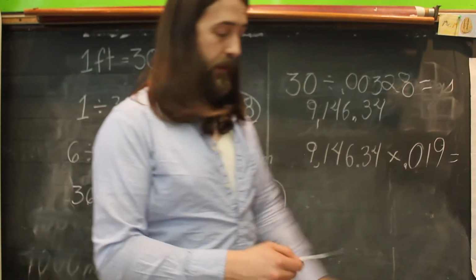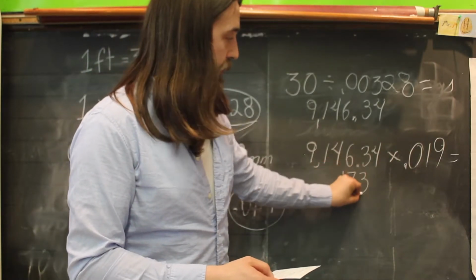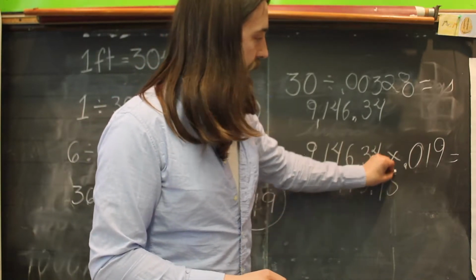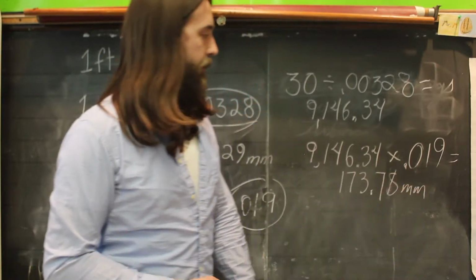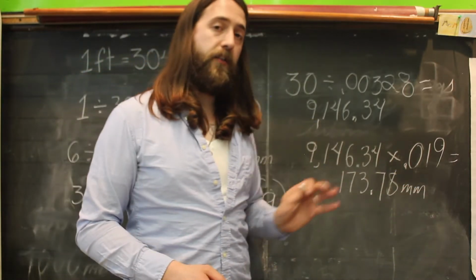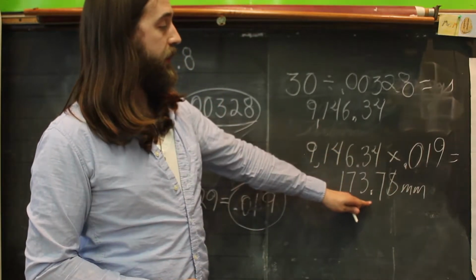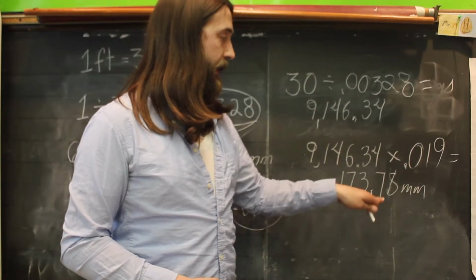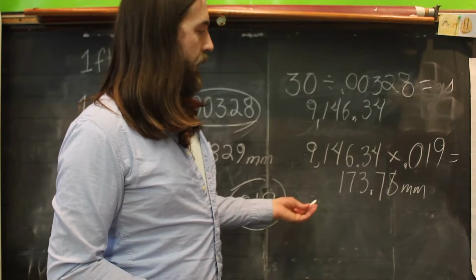And we get a total height of 173.78 hundredths millimeter. So a 30-foot tall statue of the memorial of Martin Luther King is going to be printed at a height of 173 and 78 hundredths millimeter.